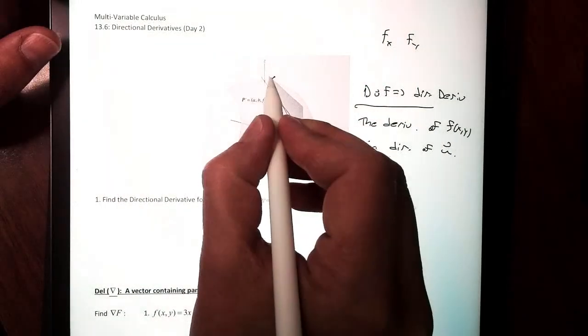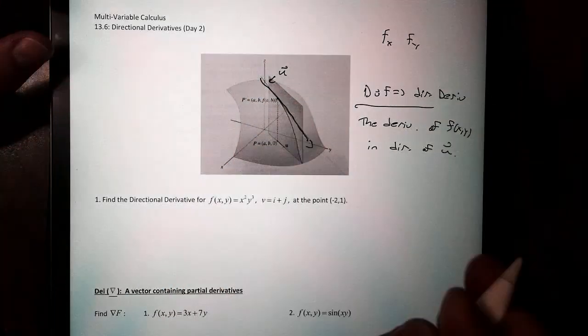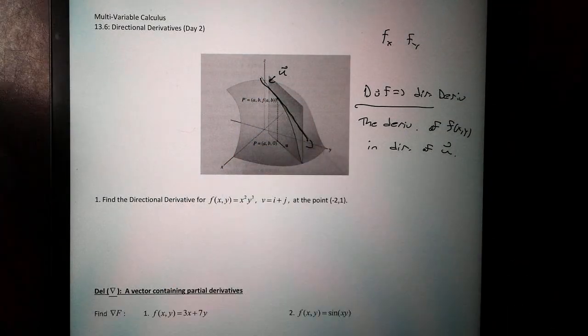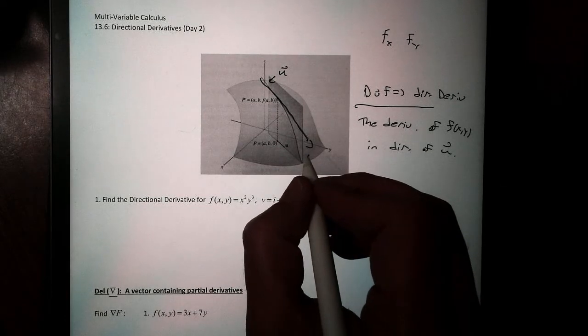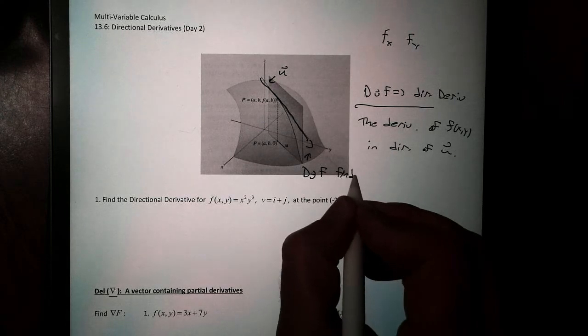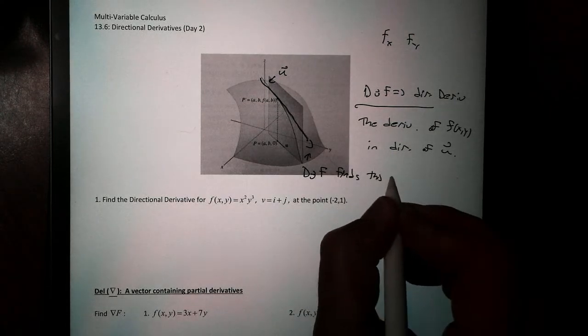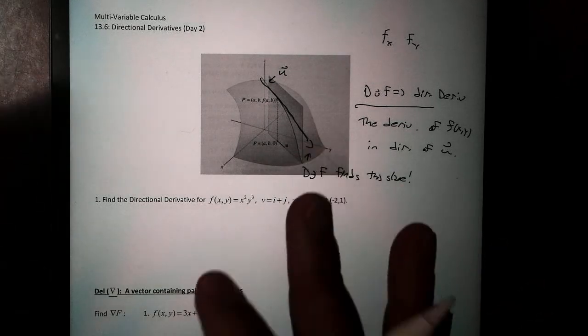Let's say u is represented by this line. Well, we can find the slope of that surface, and that's what we're asked to find. The directional derivative finds this slope in any direction, not just horizontal or vertical.